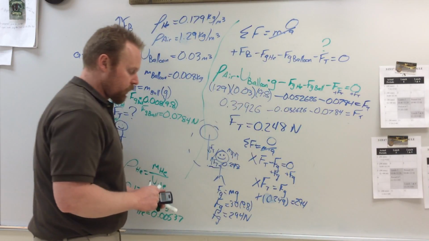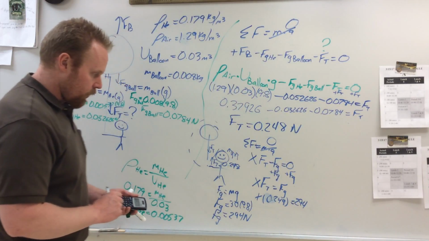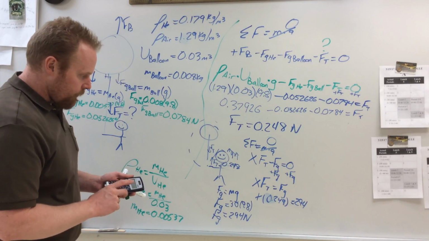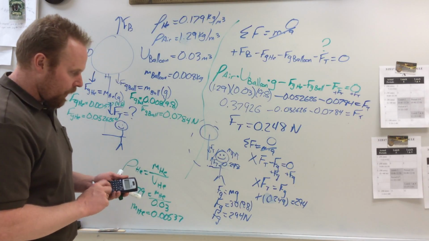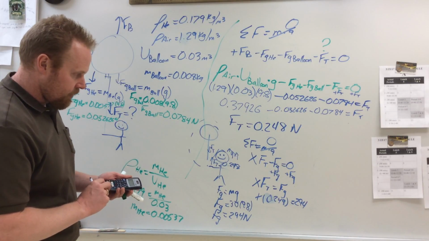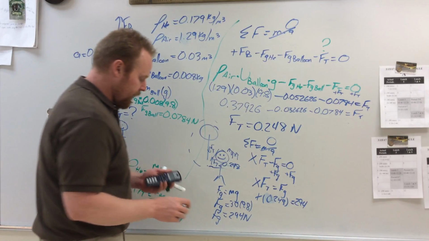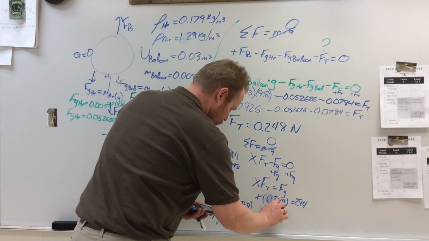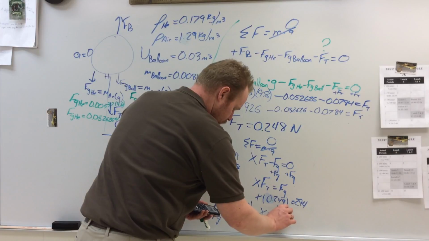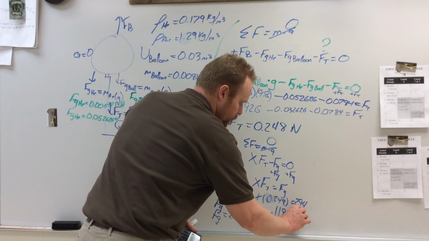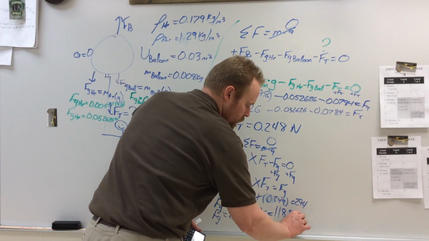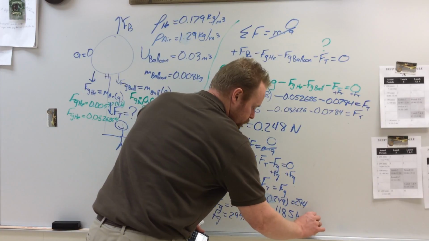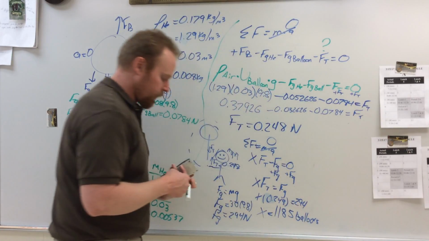Divide by 0.248. I don't have that exact number anymore, so I'm going to divide 294 by 0.248, and I find that I'm going to need 1,185 balloons in order to pick Russell up.